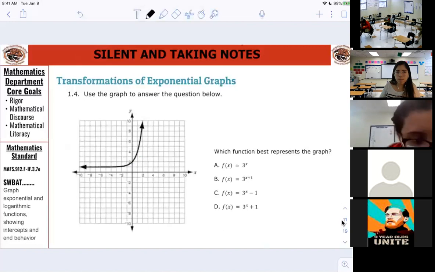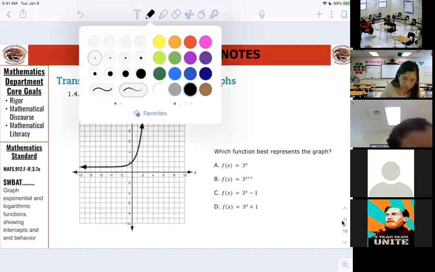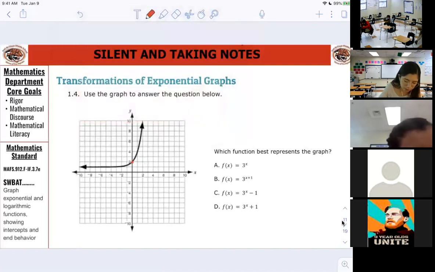Do we say the answer? Think of your answer and then we'll talk about it. The graph is going by twos, right? The numbers that they are highlighting are going by twos, but each box goes up by one.